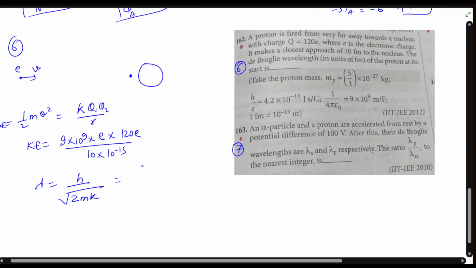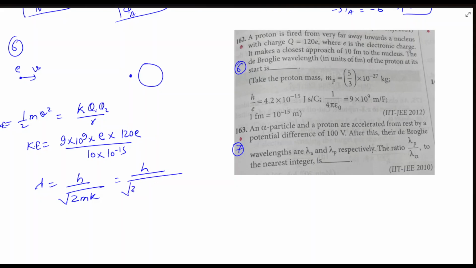So h upon root 2, mass of proton is 5 by 3 into 10 raised to power minus 27 we have to take, and K is this. So let's put 9 into 10 to the power 9 into e square into 120 divided by 10 into 10 raised to the power minus 15. Okay, so e square will come out and becomes e. So let's cancel out some more things. So 5, 2, this 10 will get cancelled and this will be 40, right?